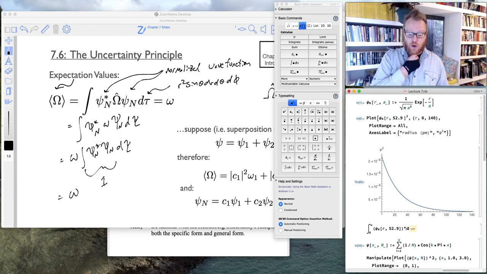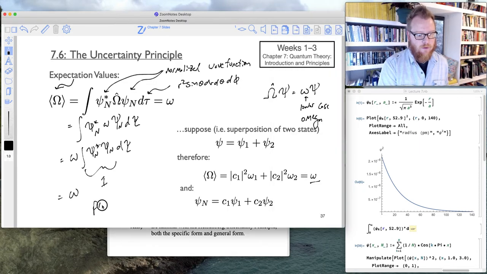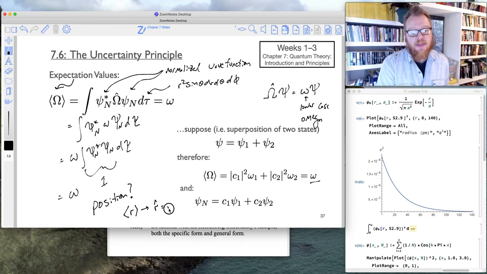So if I want to know, for example, the expectation value of position, let me go back to writing over here. Okay. So if I want to know position, I'm just going to say position. That's what I want to know. Then now my expectation value is going to be given by r. And so that means my operator is r hat, and that is just simply equal to r.